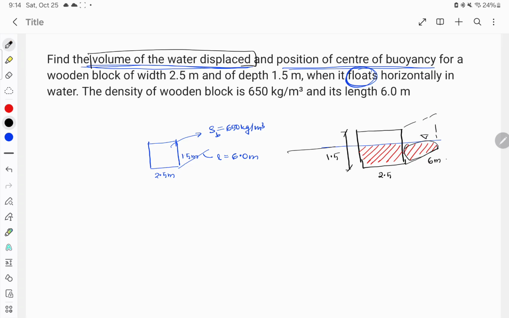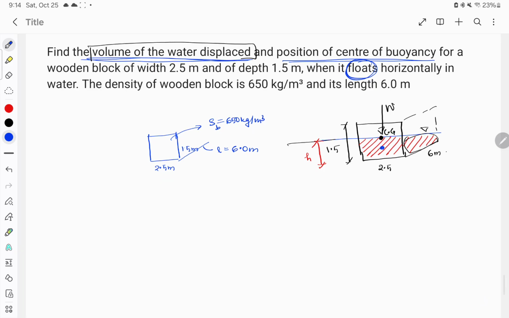If I calculate this depth h, then I can calculate the volume of the fluid displaced by the block. We know that the center of gravity of the block is somewhere in the middle, and it is acted upon by the weight of the block, right? And from the buoyancy part, we have considered that the center of buoyancy will be somewhere in the middle, because what is the center of buoyancy?